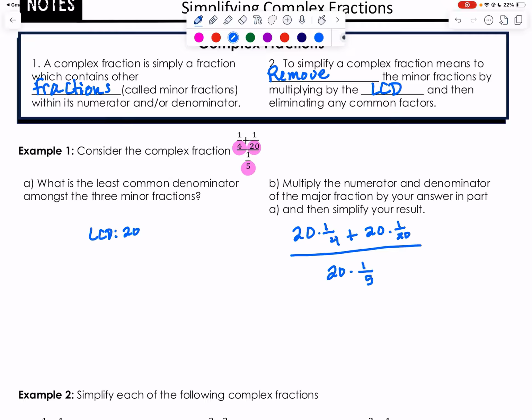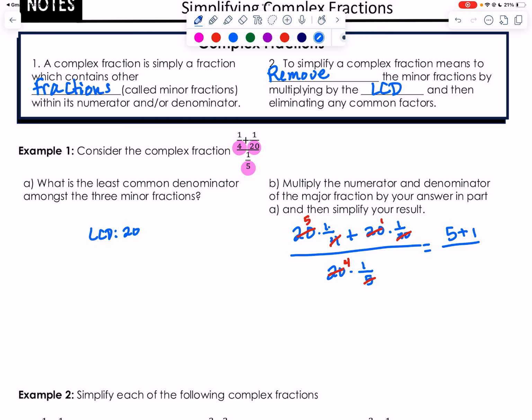So if I were to take the 20 times 1/4, 4 goes into 20 5 times. Next, 20 goes into 20 1 time. And 5 goes into 20 4 times. Now let's write down what we have left over. 5 times 1 is 5. 1 times 1 is 1.